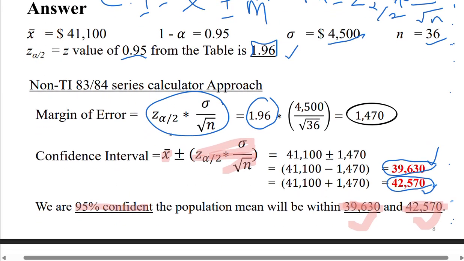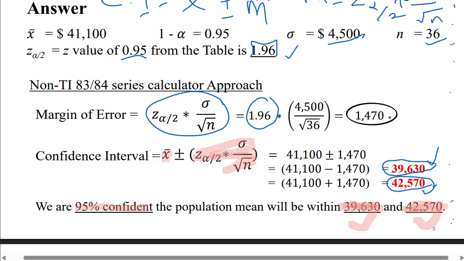Our Z critical value, or the Z alpha over 2 value, is 1.96 multiplied by our population standard deviation, which we know to be 4,500, divided by the square root of our sample size, which is 36. And so when we calculate this, our margin of error will be 1,470.